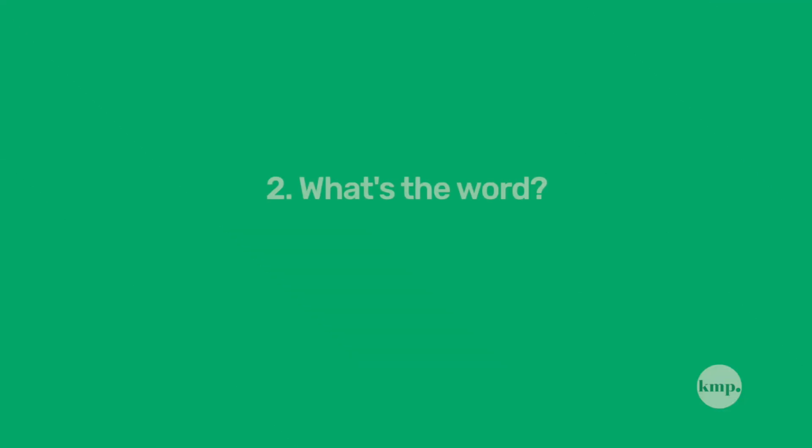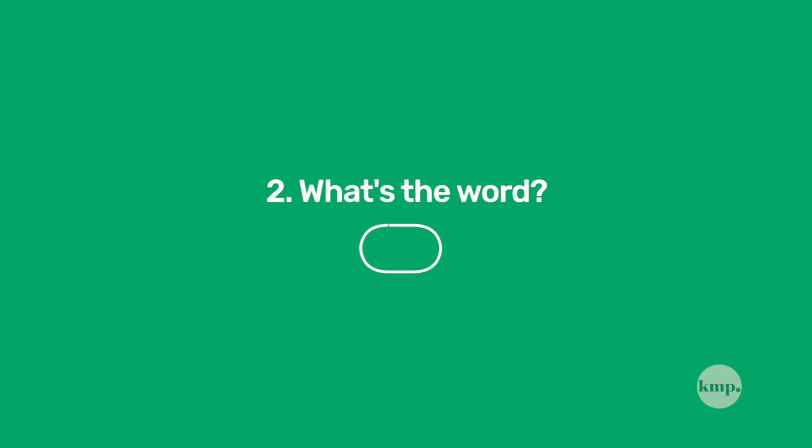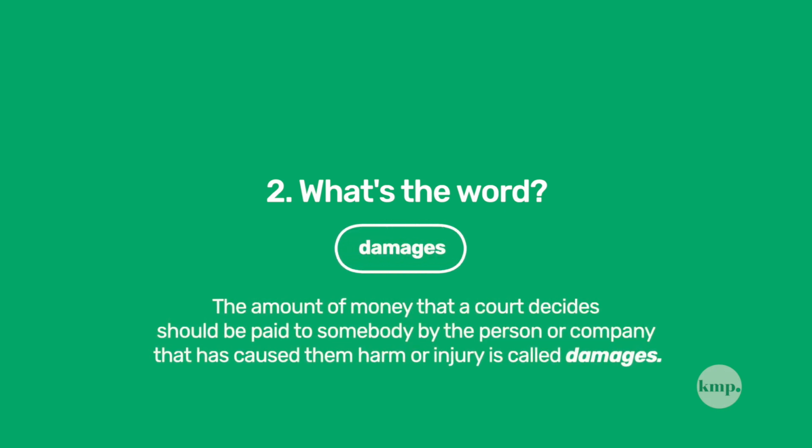Number 2. The amount of money that a court decides should be paid to somebody by the person or company that has caused them harm or injury is called damages.